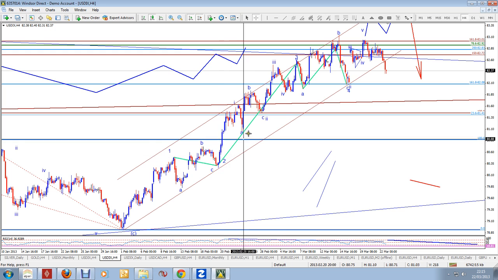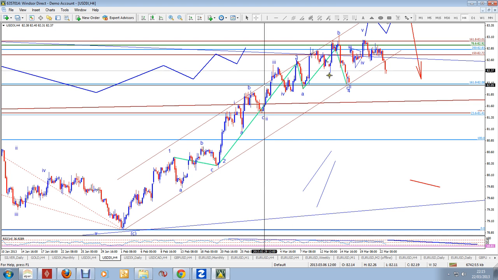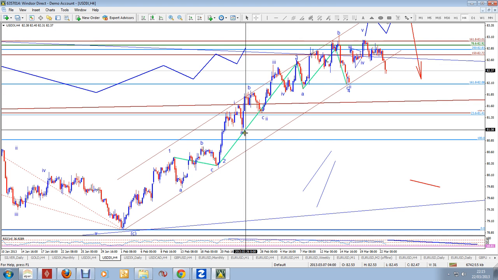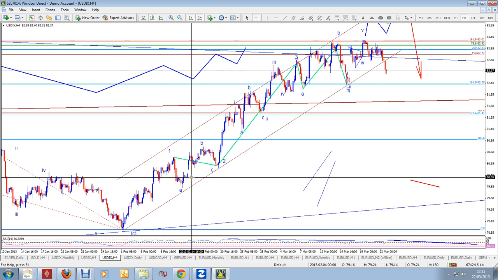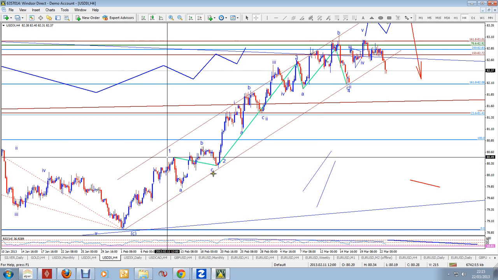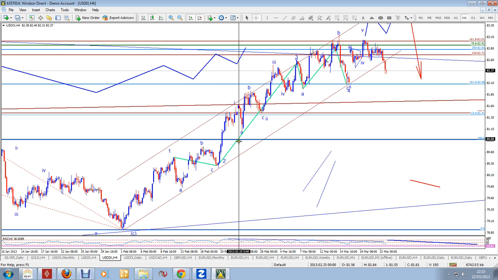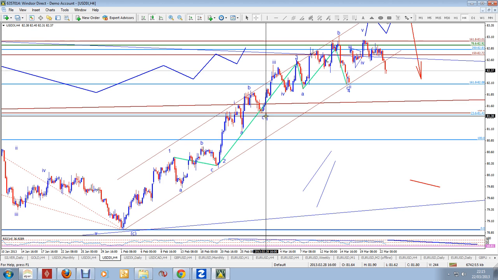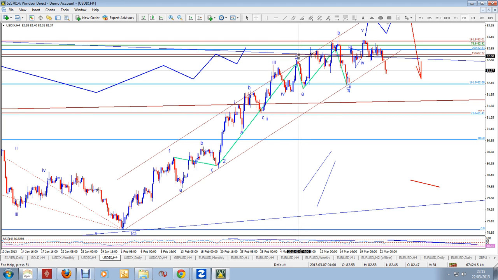We may be slightly incorrect, but at the moment I've got no other way of labeling this, so I'm labeling this as wave 1 and wave 2. Then I think we go minor 1, ABC is the minor 2, minor 3, minor 4 and minor 5, so that gave me wave 3.